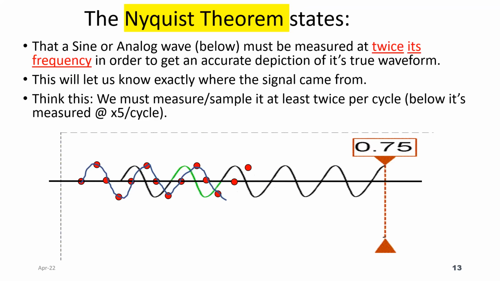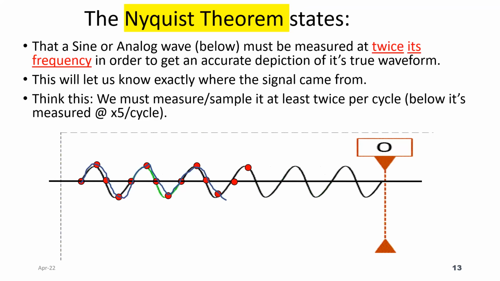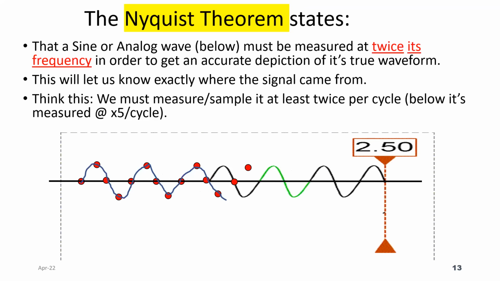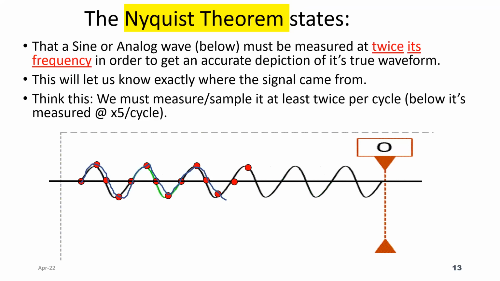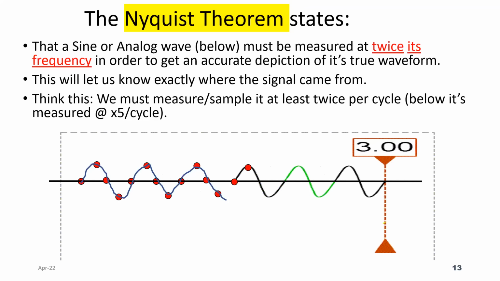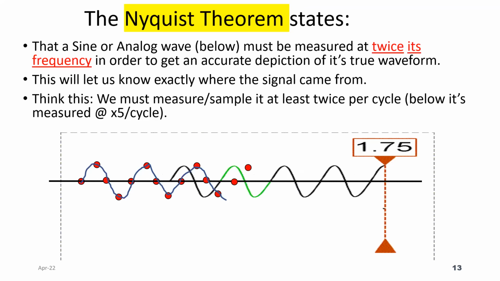If I sample it enough and then connect those dots, I get a pretty accurate depiction of what it looks like, so I know where it should go in K-space. It's pretty easy. The minimum is sampling at twice. Here I sampled it 5 times, so I really got a good picture of it. So the Nyquist theorem is satisfied there. The scanner knows where to put that echo.